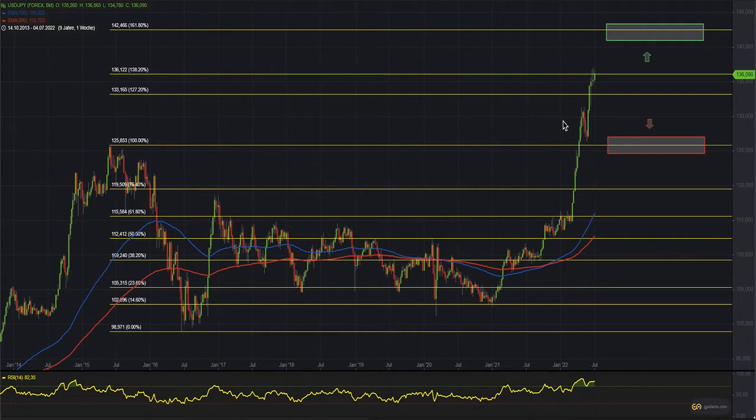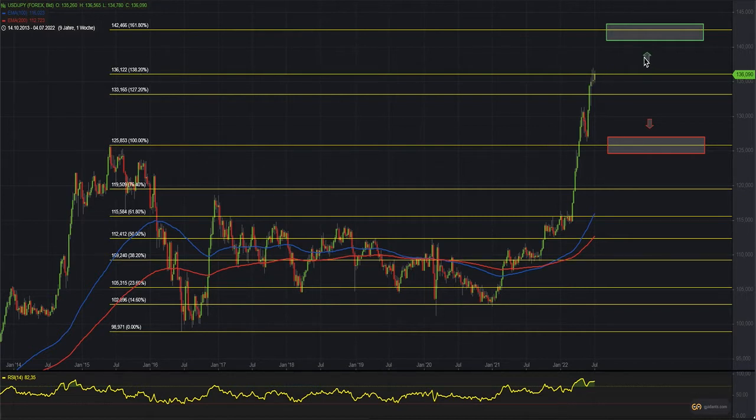We see there is a 161.8 Fibonacci projection level at 142.46.6. So that's the one probably to be taken to. And right now we are in the test of the 136.12.12. That's the 138.2 Fibonacci projection. So that's where we are scratching around here.